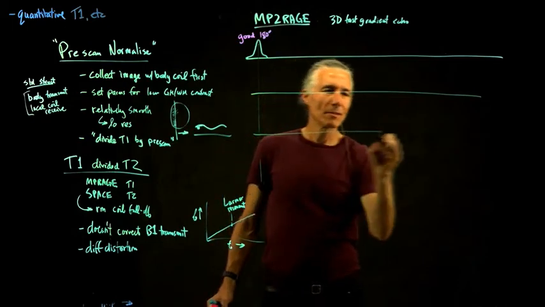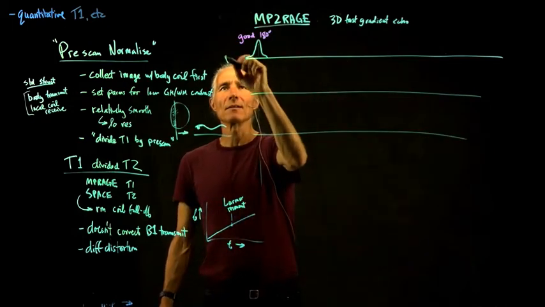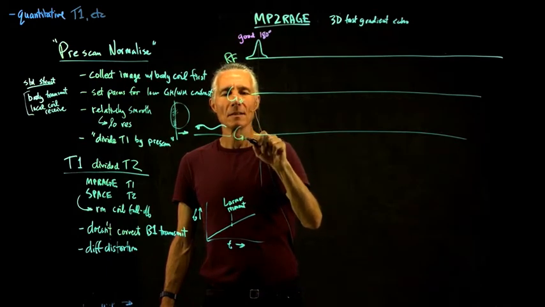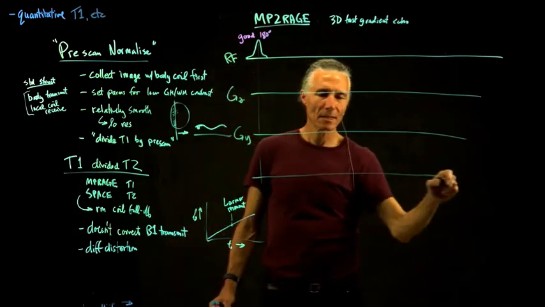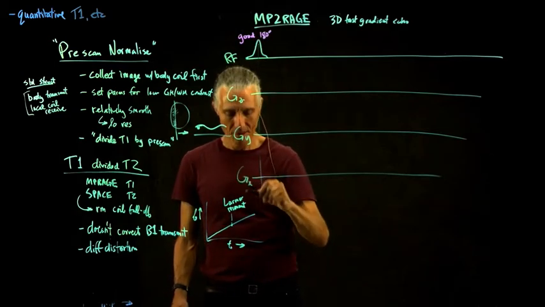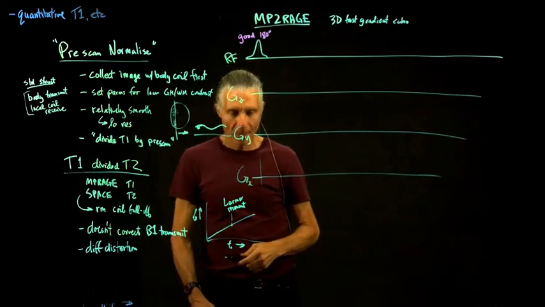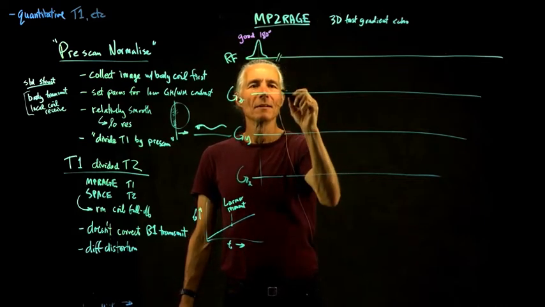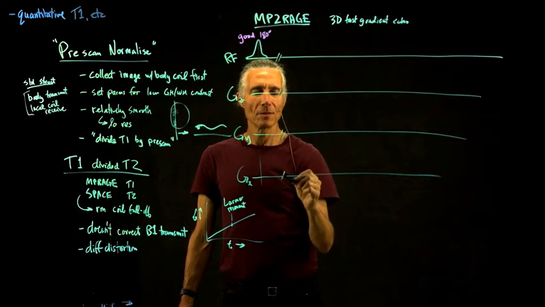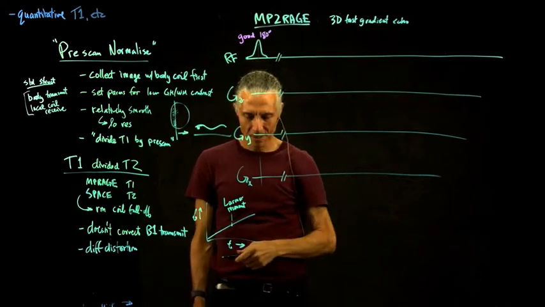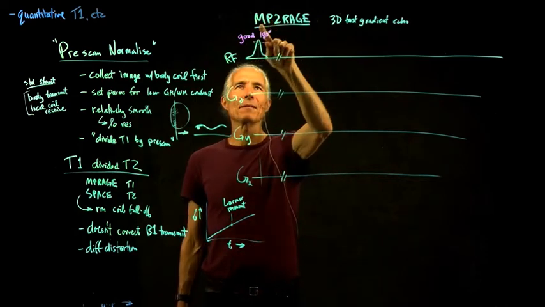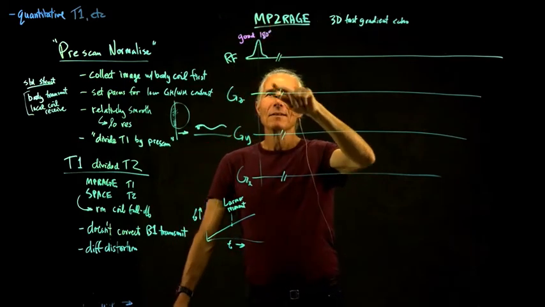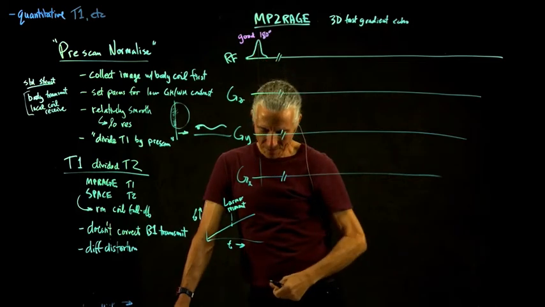So if we draw out the other gradients, here's the RF, and here's the Z, Y, and X. So we wait a while, so I'll put a little gap in there. This is the inversion pulse. That's the MP, magnetization preparation. That's what this preparation pulse is.